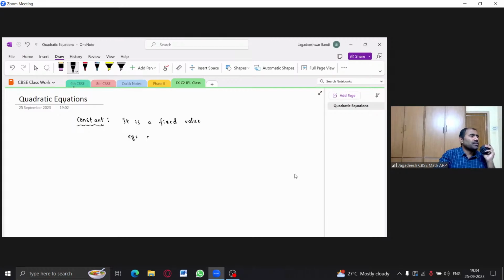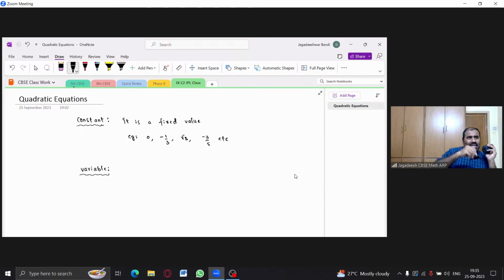For example, 0, minus 1 by 3, root 3, or minus 3 by 5. All these numbers are called constants as they have a fixed value.